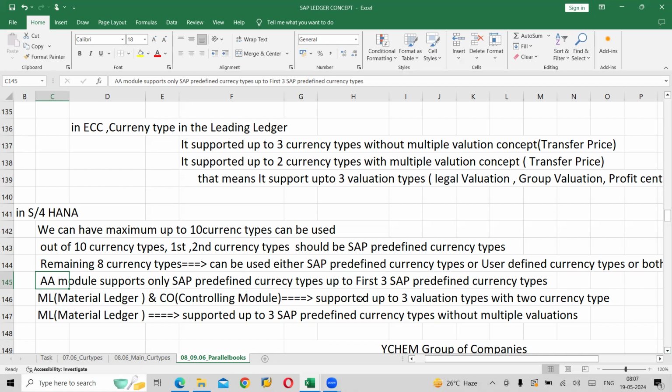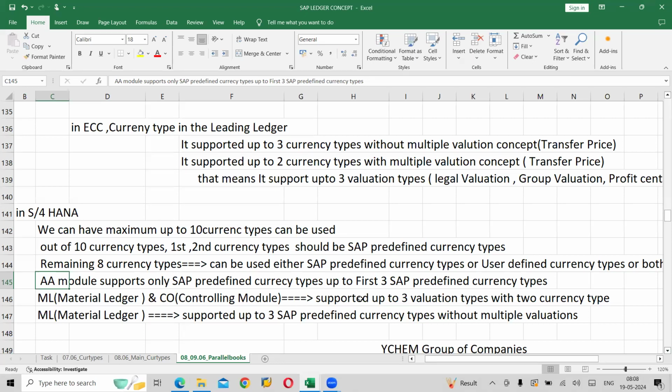Document currency always converts into your local currency and as well as your group currency. Currency rates we will define and it will convert into your local currency and your group currency. For example, I have defined my local currency as currency type 10, INR, my group currency as USD at 20, 30 and 40 as euro.